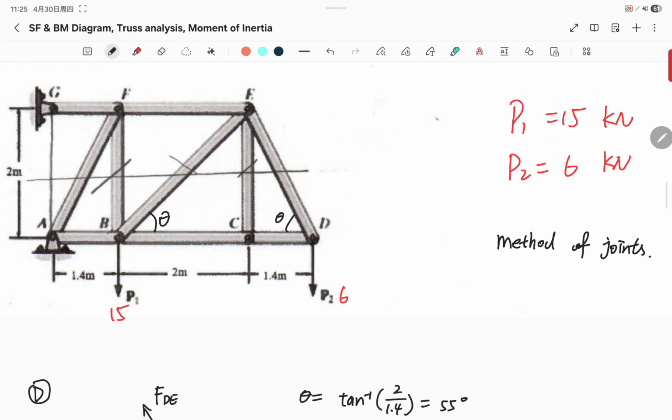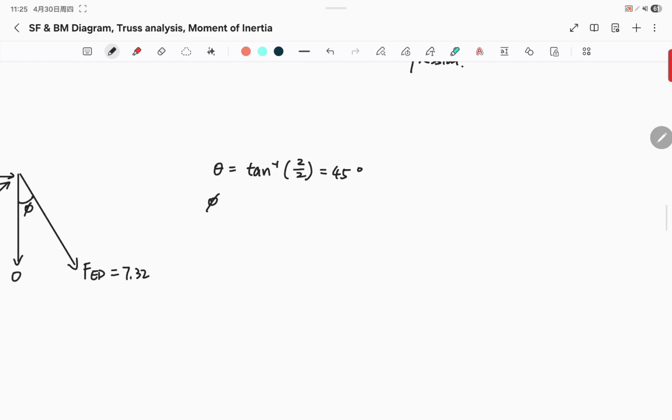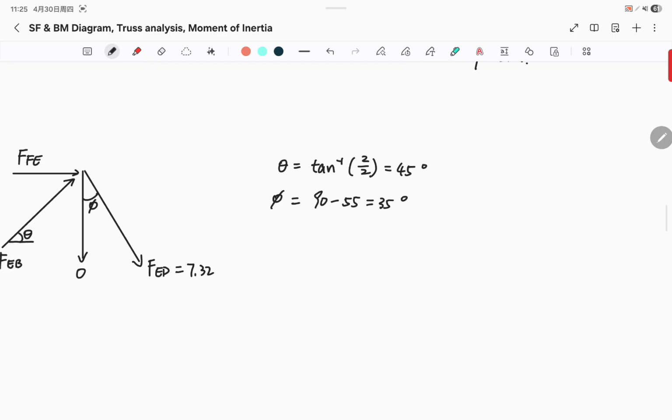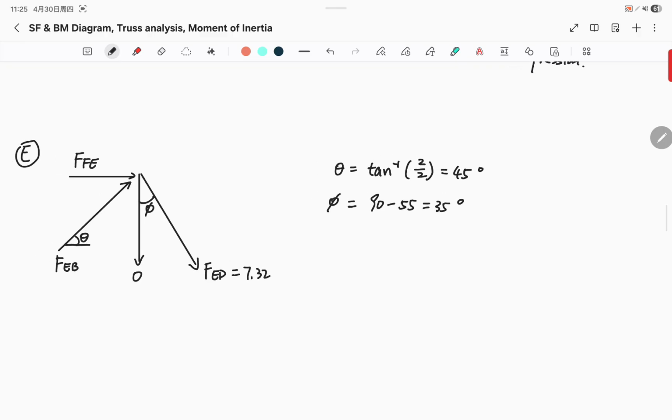Phi can be solved by using 90 minus this theta. That was 55. Now we can solve the forces. So we can solve forcing Y first.